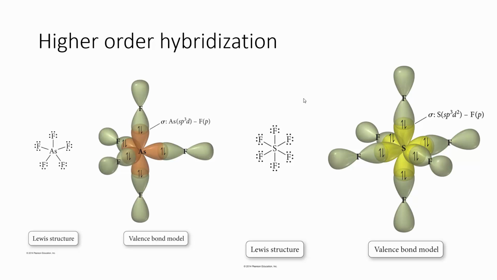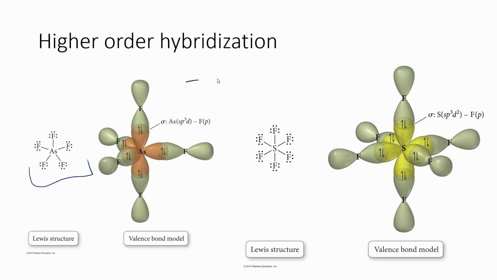Now when we get to higher order hybridization, it gets pretty ugly when we try and figure out where the pi attachments are. So for this particular theory, we're not going to get into that. We're just going to look at sigma overlaps. But if we look at, say, arsenic attaching itself to 5 fluorines, here's our Lewis structure.